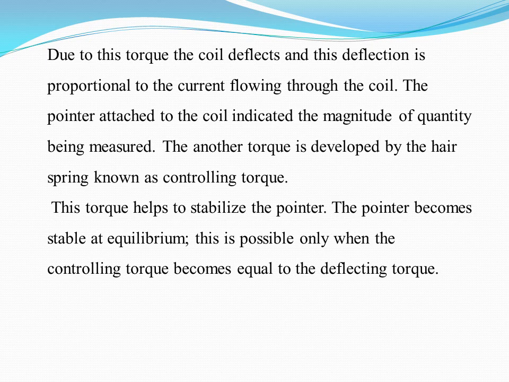The pointer attached to the coil indicates the magnitude of the quantity being measured. Another torque is developed by the hairspring, known as the controlling torque. This torque helps to stabilize the pointer. The pointer becomes stable at equilibrium, and this is possible only when the controlling torque becomes equal to the deflecting torque. So this is the PMMC.